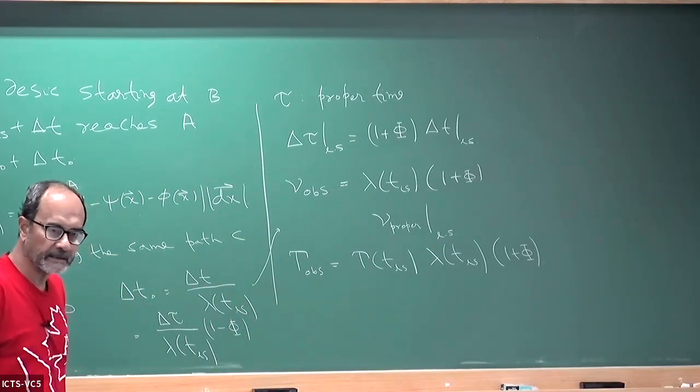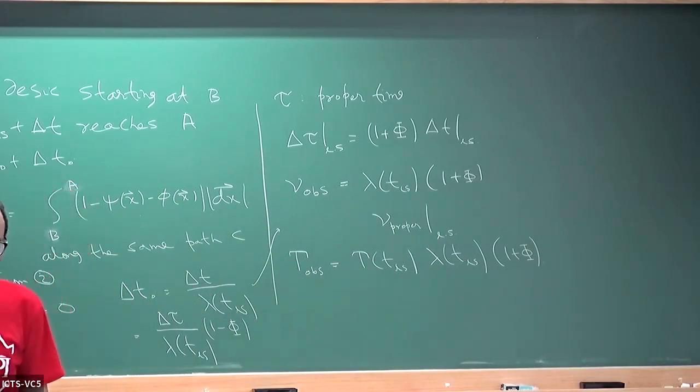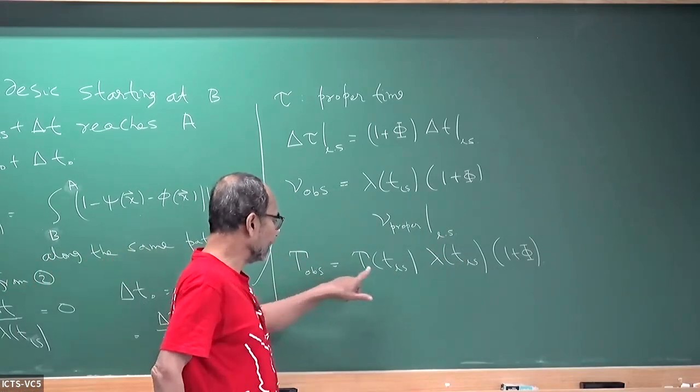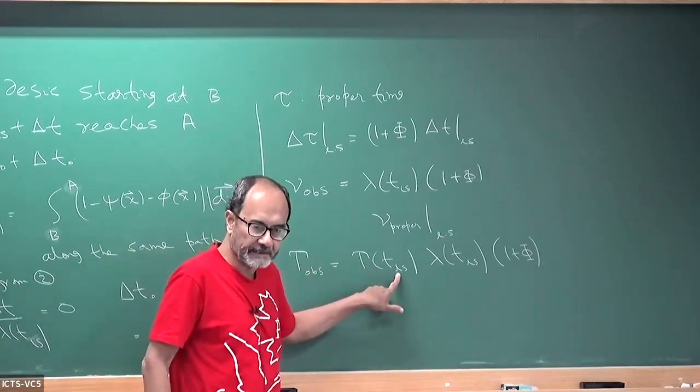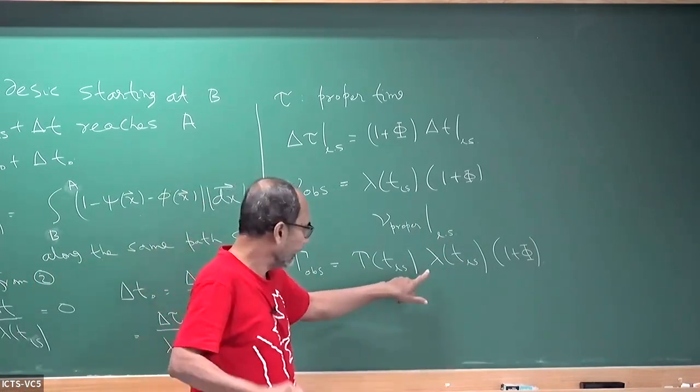Is this clear? Okay, so let me repeat again. If you are looking at some direction in the sky, we receive CMB radiation from there. The observed temperature that you will see is related to the temperature at the time of last scattering, where it started, by this formula.